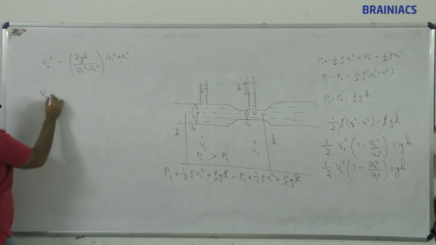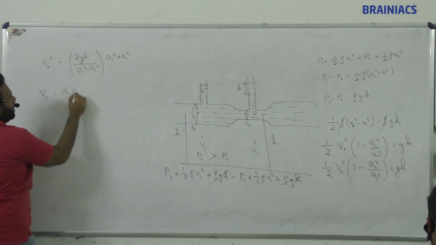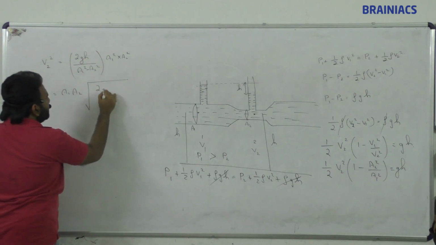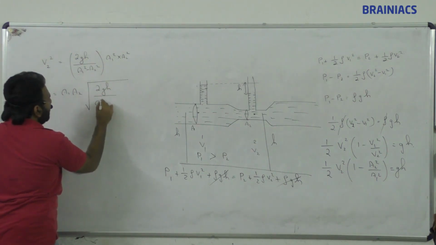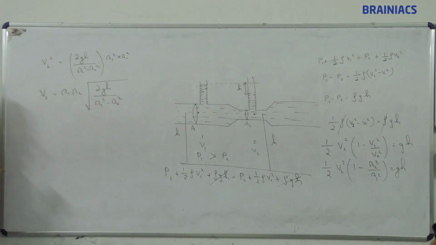So v2 is equal to a1 a2 into 2gh divided by a1 square minus a2 square. Clear? This is the velocity v2.